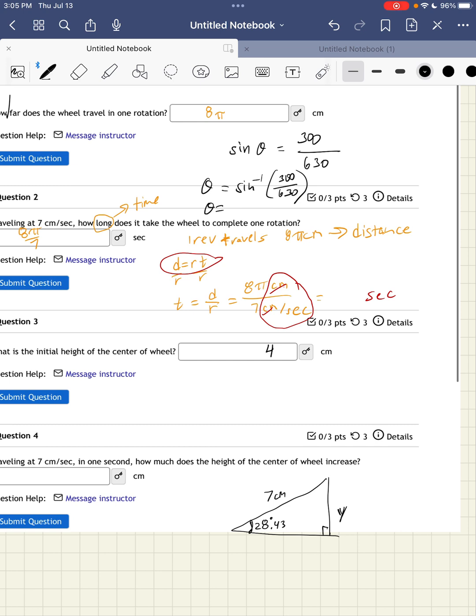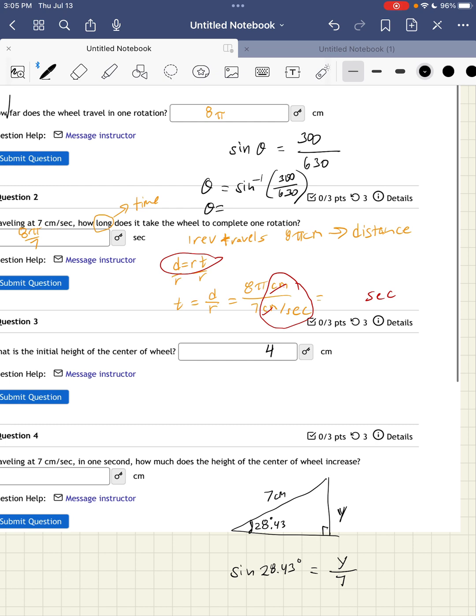But to find this missing y, now I have the opposite side and the hypotenuse again, the new hypotenuse with side only 7, so it's going to be sine of 28.43 is equal to the opposite side, which is y, over the hypotenuse, which is 7.